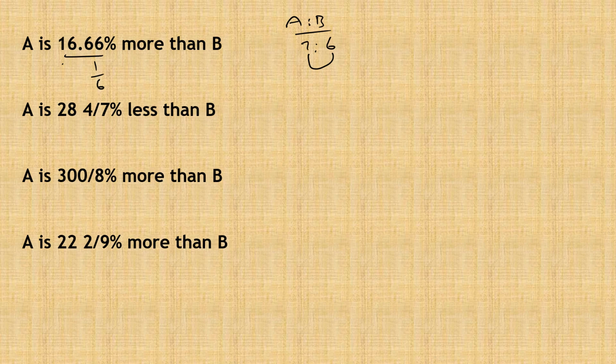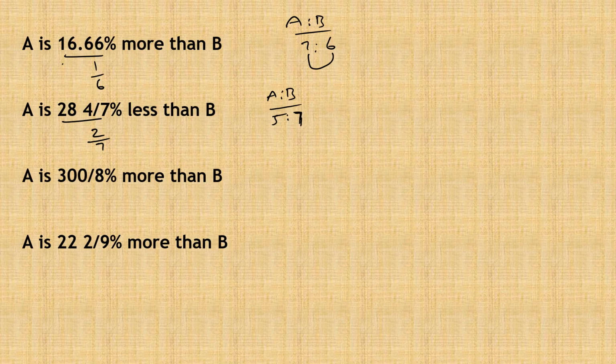A is 28 4 by 7% less than B. A is to B is equal to, 28 4 by 7% denotes 2 by 7, that is 14 2 by 7 into 2, 28 4 by 7. B is the compared number. B is 7 and A is 2 less than it, that means 7 minus 2, that is 5.